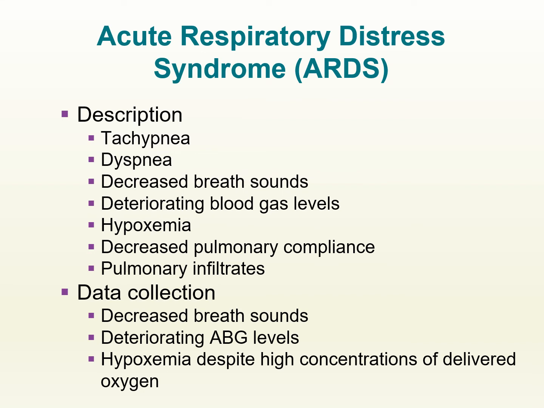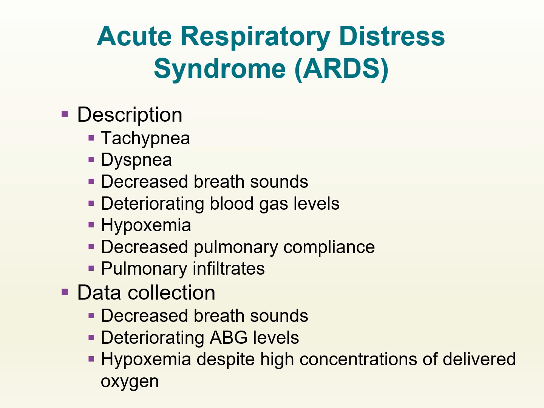The next topic we'll discuss is ARDS, or acute respiratory distress syndrome. These patients are going to have tachypnea, so an increase in the rate of respirations, dyspnea, decreased breath sounds, and deteriorating blood gas levels. Why? Because with this tachypnea, they're going to be breathing fast, right? It's going to increase that respiratory rate.